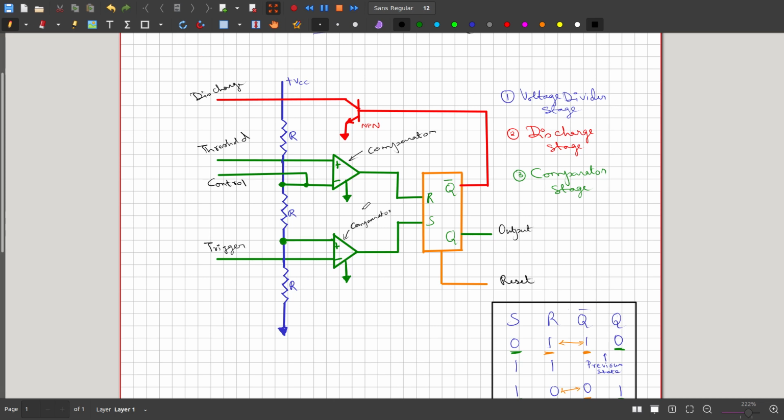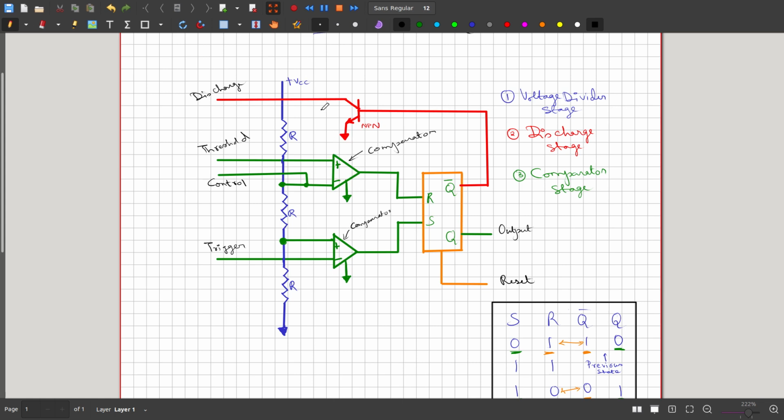These two comparators are configured, as I mentioned in the previous lecture, in the window comparator configuration, which is useful in the application of timing circuits. That's why it is found in this circuit.